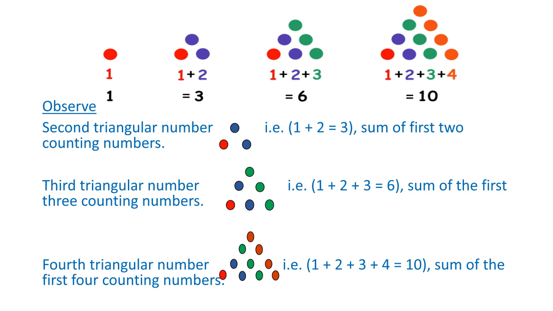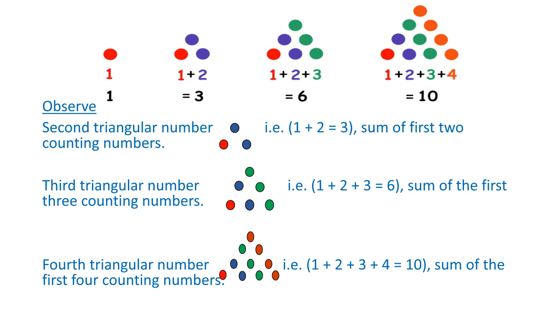If we want to find the third triangular number, we need to add the first 3 counting numbers, that is 1 plus 2 plus 3, that will give you 6. And in this way you can find any triangular number.